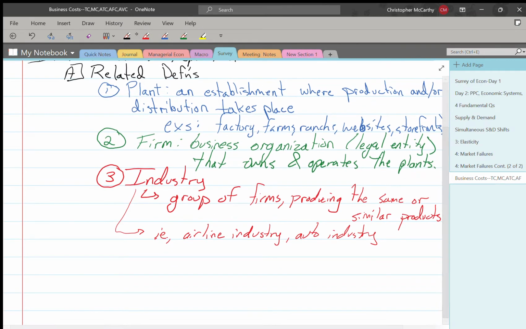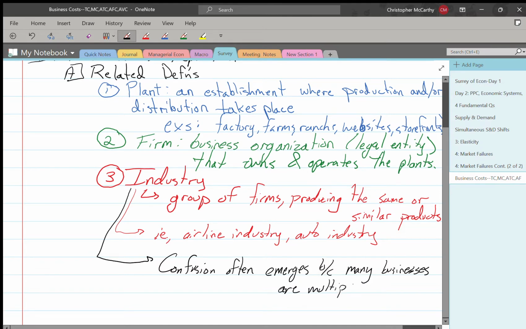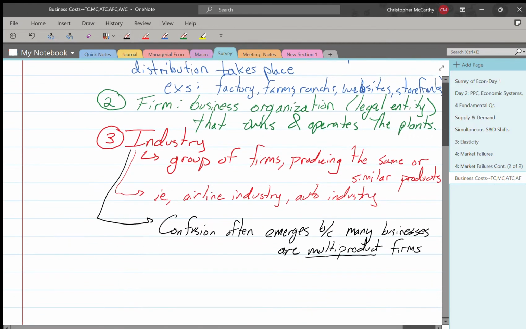Now, we are often confused when we talk about firms and stuff like that because many businesses are what we call multi-product firms.